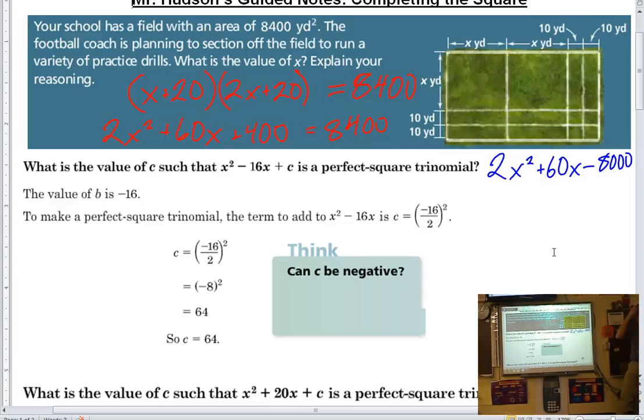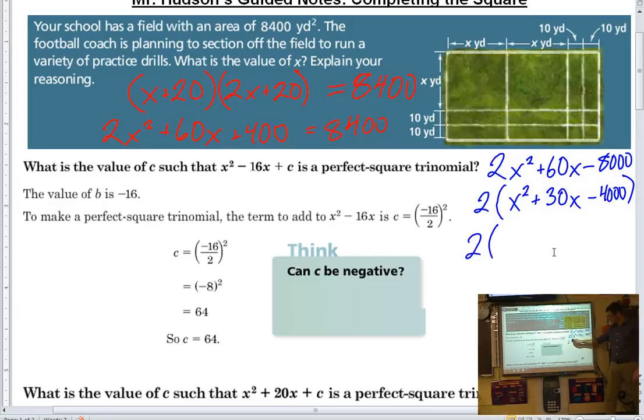Michelle? Always, if possible, factor before you even start the process. So we can get x squared plus 30x minus 4,000.